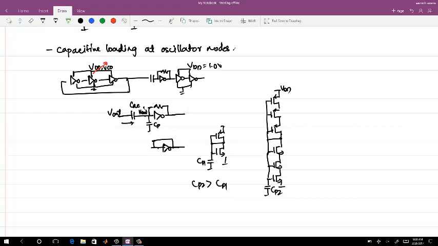No, 1 by GM and omega. So CP is like 5 femtofarad, right? So the impedance is 1 by omega CP and GM. Now it depends on what GM we are working at. So let's say you assume even a 5 femtofarad, 10 power minus 15, and 2 pi. And now what is the frequency we are working at? These are running in gigahertz.